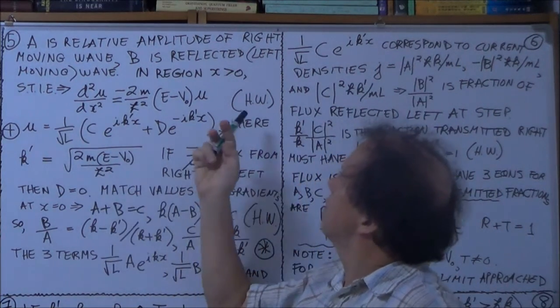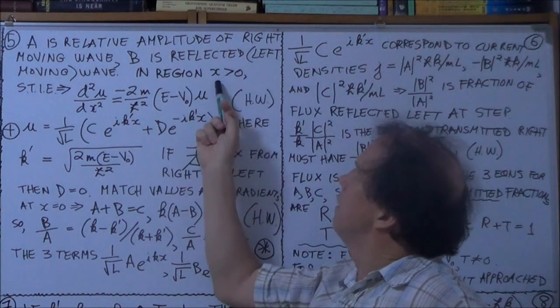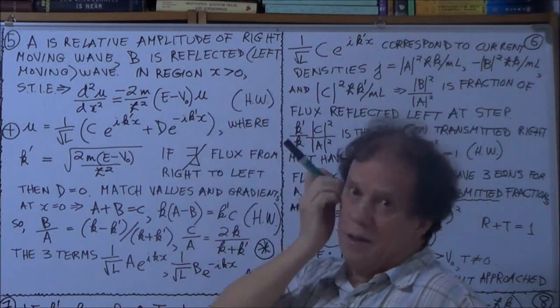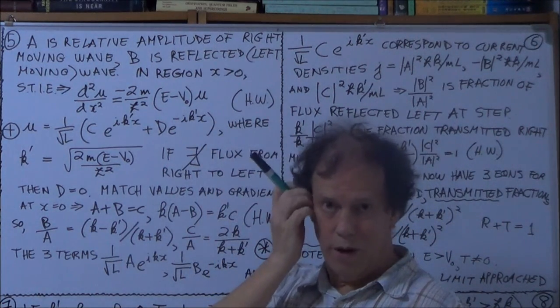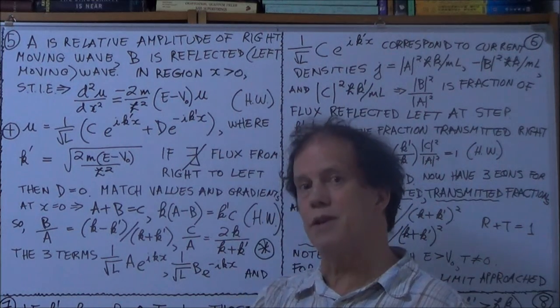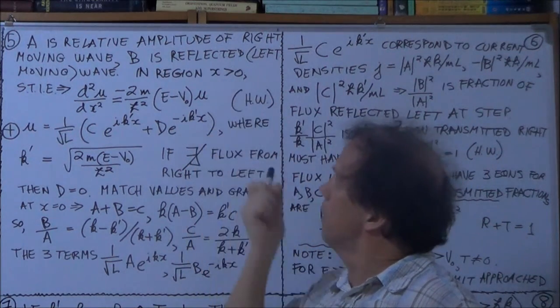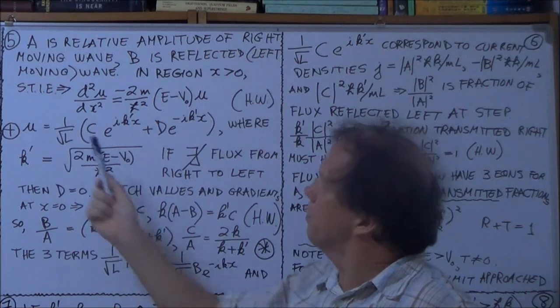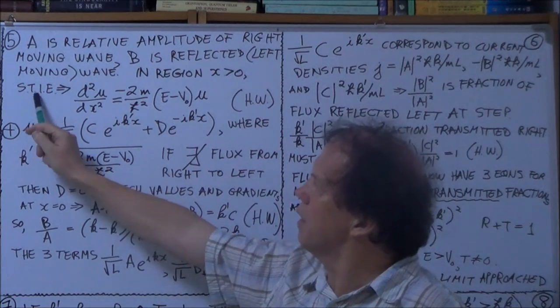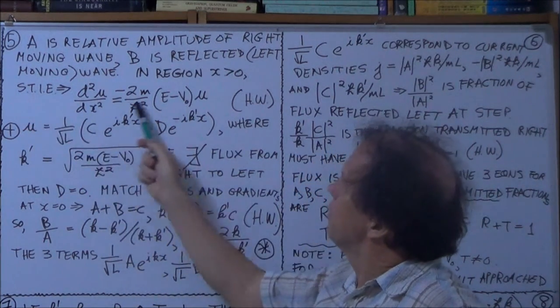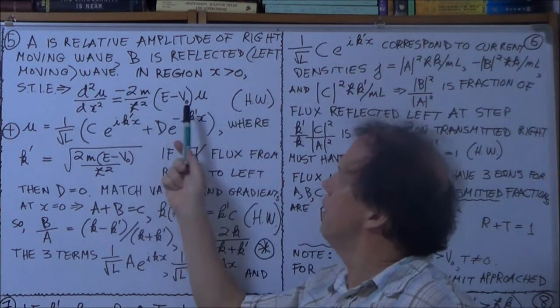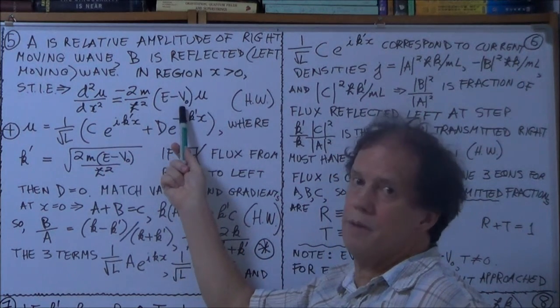Okay, now let's do the same thing on to the right of the barrier, where the barrier starts. So positive x, so x is greater than 0, and we'll solve the STI, the Schrödinger time-independent equation, and it's of this form. Now we do have a potential. It's V0.